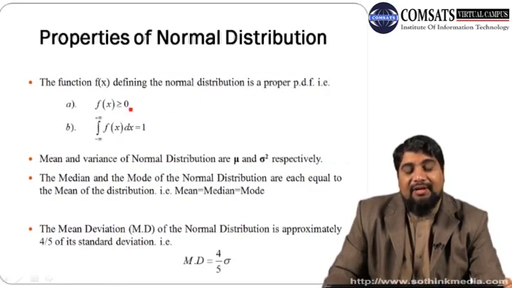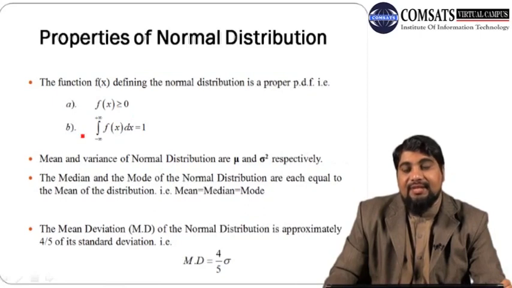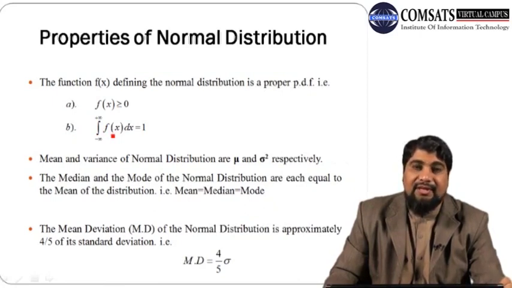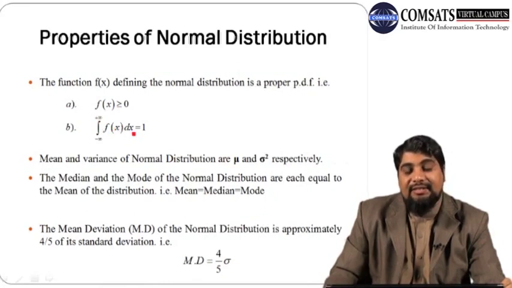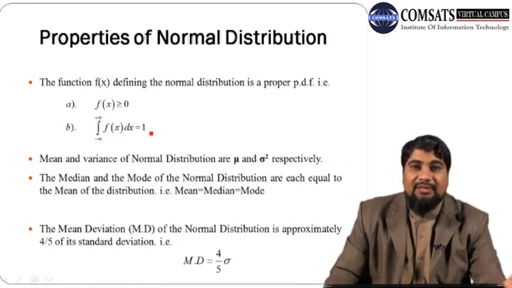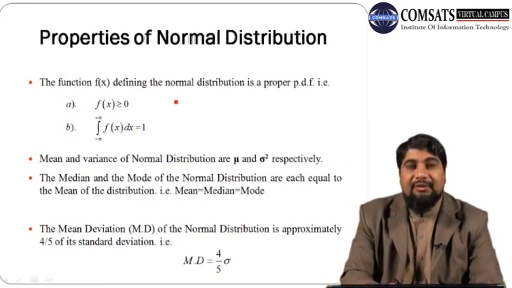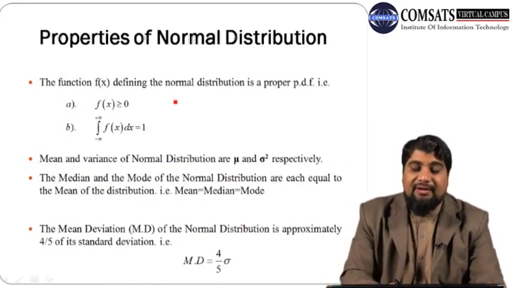That is, f of x is greater than or equal to 0 for all x, and the second one is that the total area under this normal curve is equal to 1. That is, the integral of f of x dx, where x ranges from minus infinity to plus infinity, is equal to 1. These are the two properties of a probability density function.